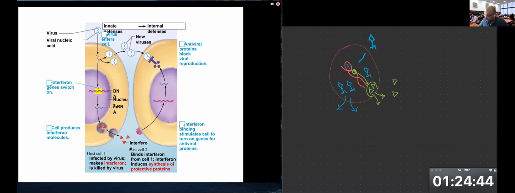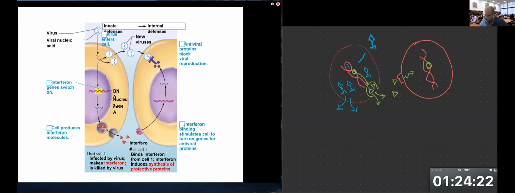If you remember, neighbor cells should have surface receptors for them to receive this message. And as they receive the message, this will send internal signals that will stimulate specific genes on the neighbor cell to become activated.